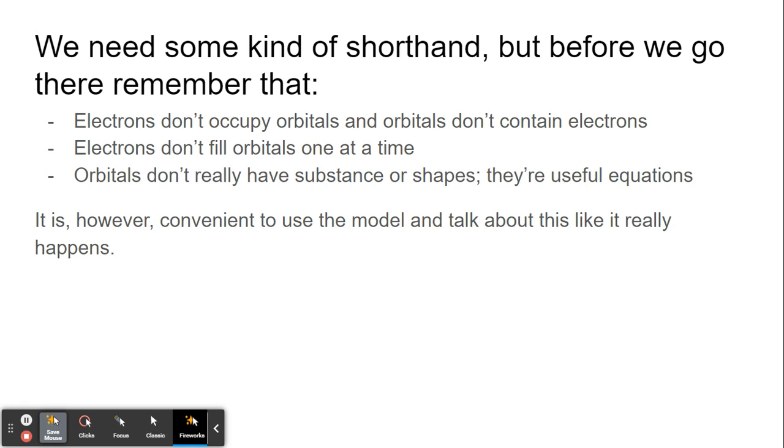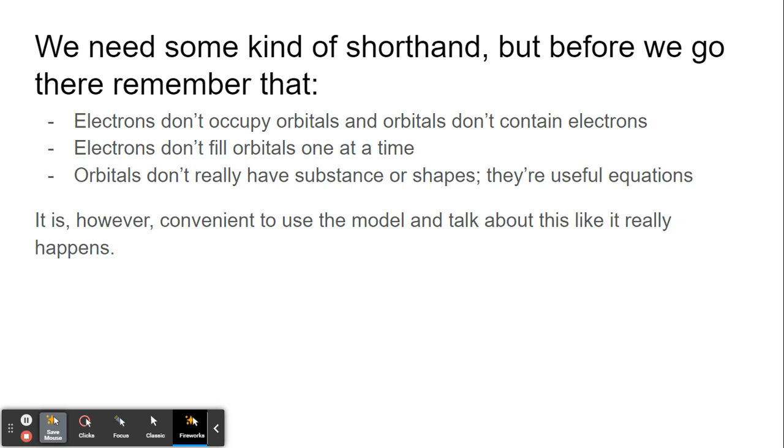But before we do that, there's some things to remember. Electrons don't really fill orbitals like they're some kind of empty container. Orbitals aren't little boxes that hold electrons. Electrons don't really fill orbitals one at a time. Orbitals don't really have a substance or shape.